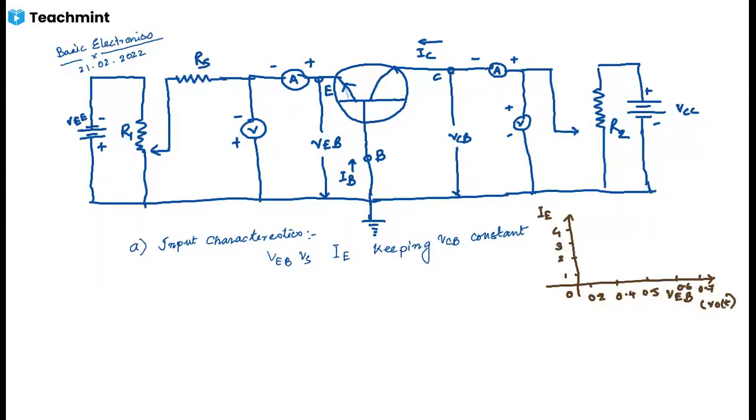Okay. So on constant VCB. So first we will take VCB is equal to 12 volt. Then we will take VCB first 2 volt, 6 volt, 12 volt. Like this we will get. So you will get like this value.